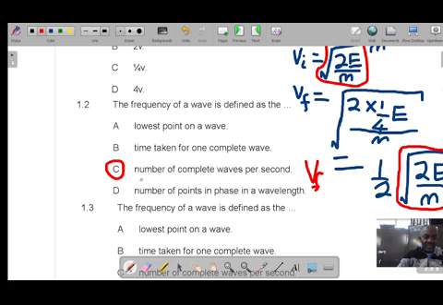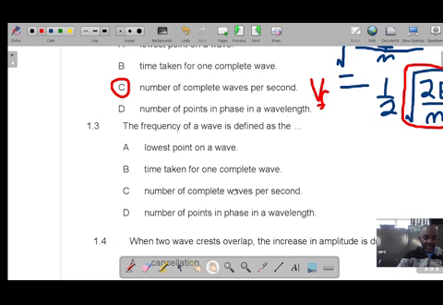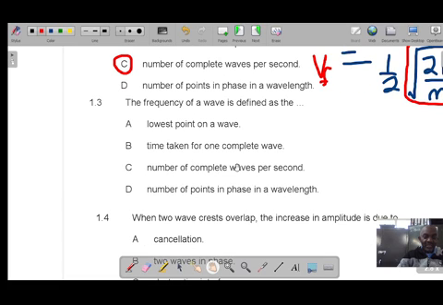So the answer is C. Next question, please. They ask the same question again, so they're giving you free marks. The frequency of a wave is defined as the number of complete waves per second. Still it is C. Let us proceed to the next one.